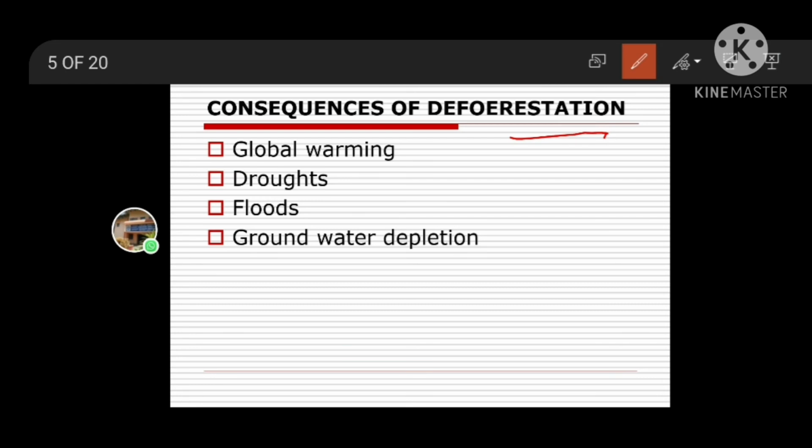So thereby in that area, water table in the ground will not be affected. Depletion of groundwater will not take place. So when there is no plant or no trees on the earth in a particular area, that area is like desert. There will be no rains.